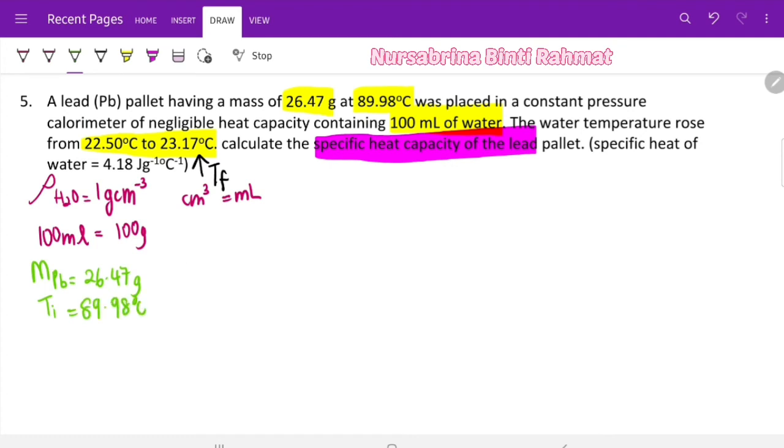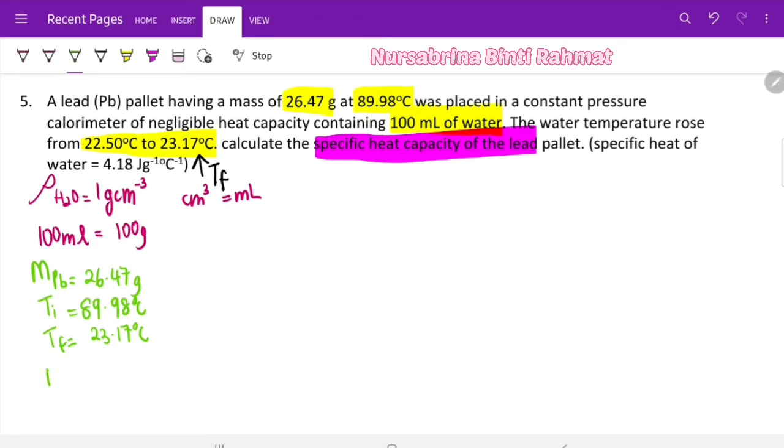The final temperature of my lead is 23.17 degrees Celsius. Again, the final temperature of both the lead pellet and the water should be the same, because once they reach the same temperature, the heat transfer process stops.